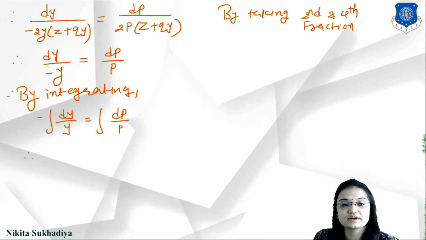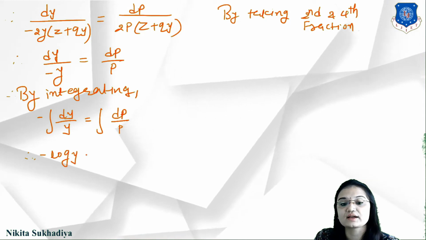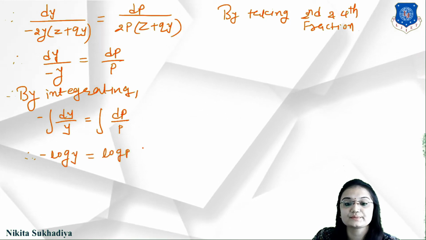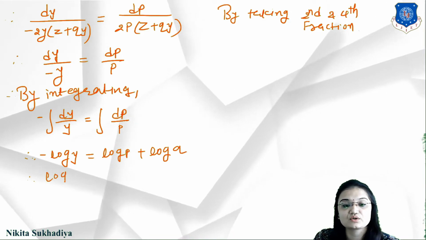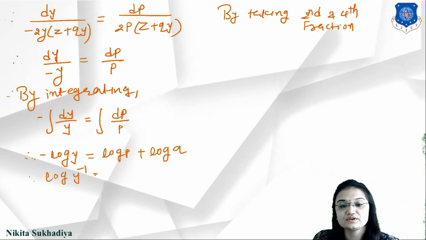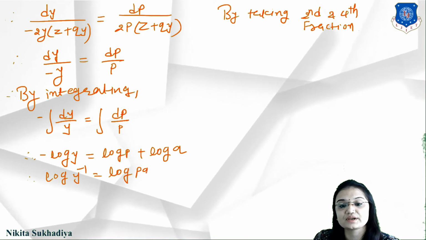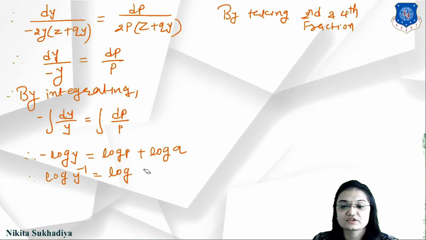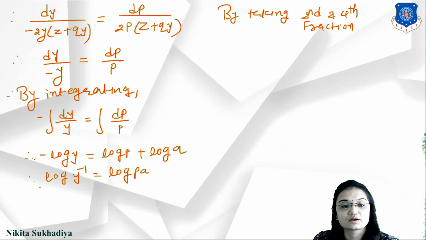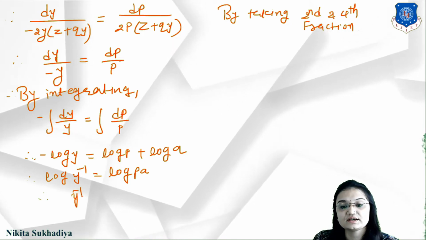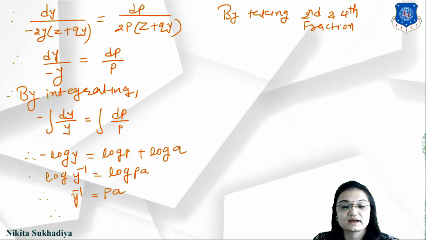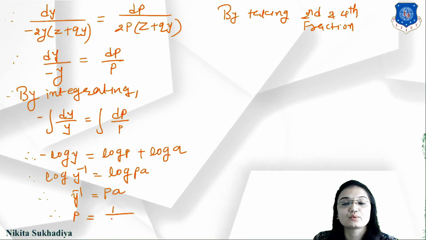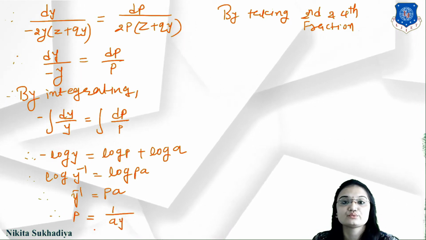Okay, so this will become minus logarithm of y is equal to logarithm of p plus logarithm of a. So this is nothing but logarithm of y raised to minus 1 is equal to logarithm of p a. So y inverse is equal to p a.